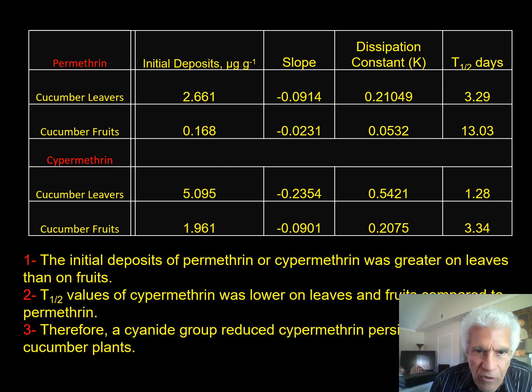Also, the half-life value of cypermethrin was lower on the leaves than on the fruits, and therefore the cyanide group can reduce the persistence of cypermethrin compared to permethrin.